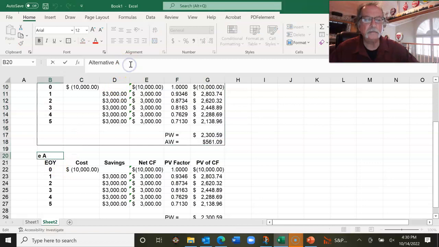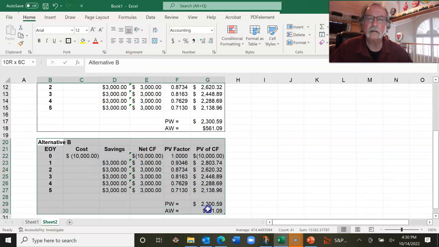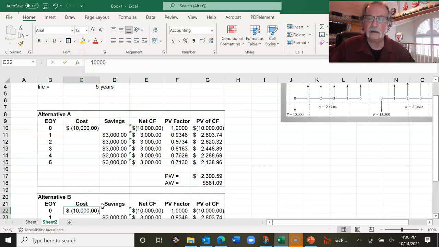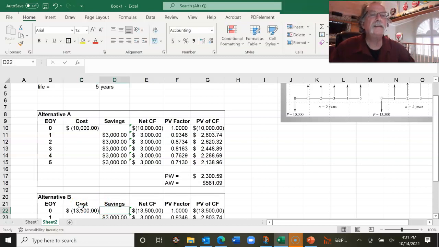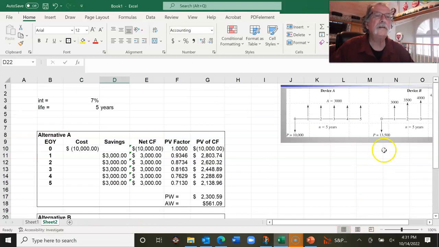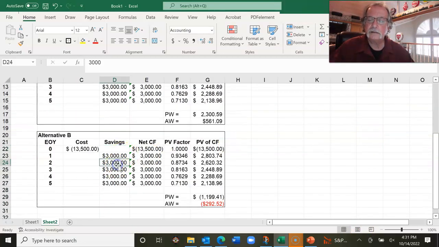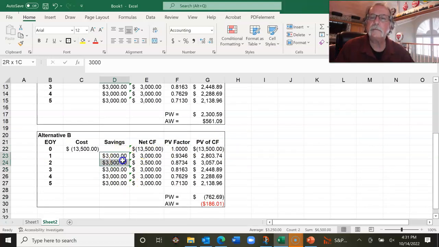Alternative B costs $13,500. And it saves $3,000 the first year, increasing by $500 each year. So $3,500 second year.